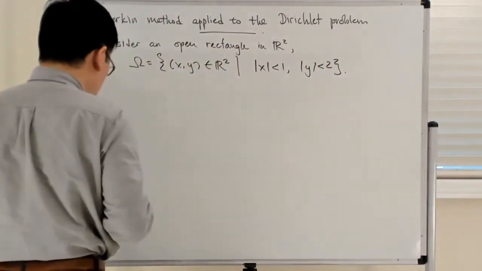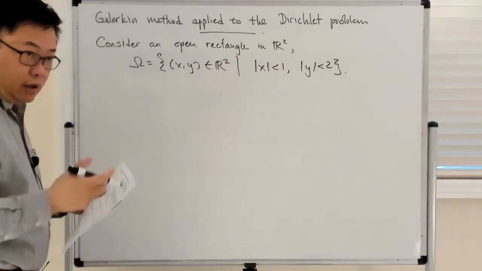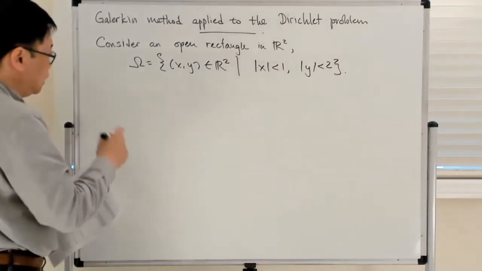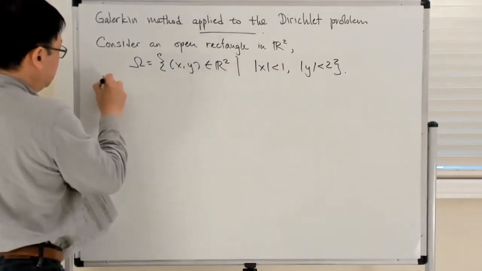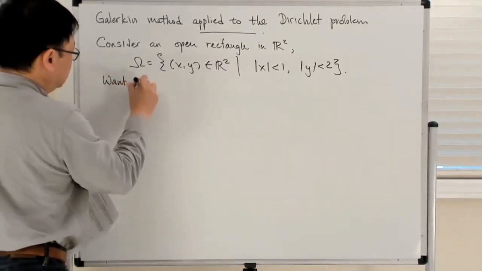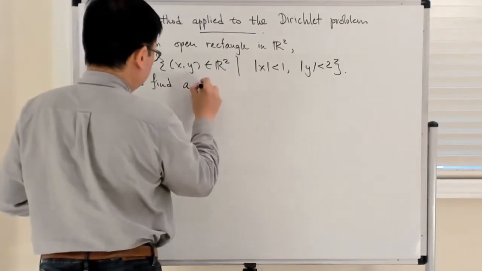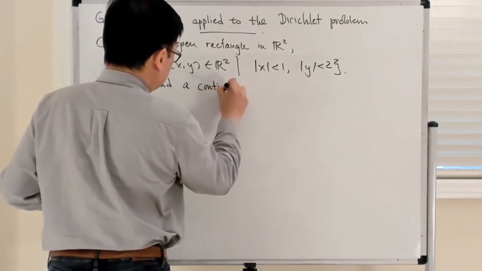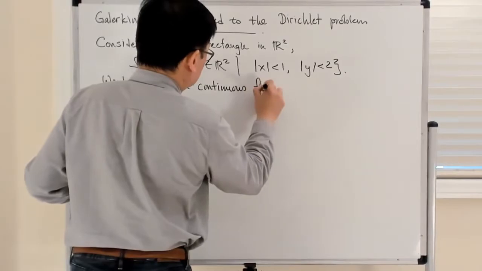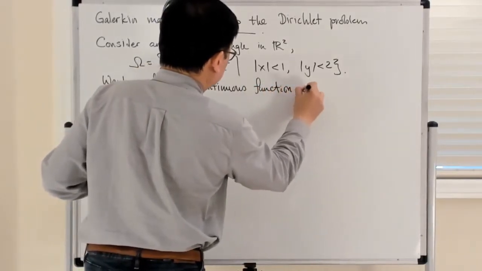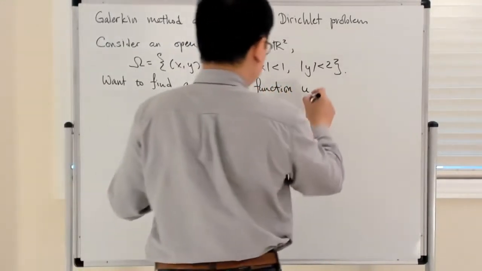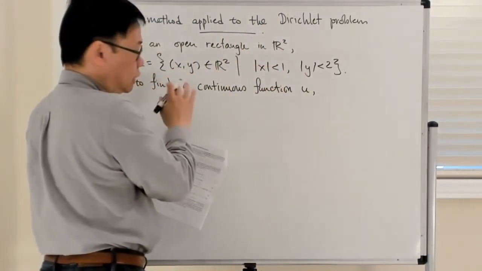And then we're looking for a solution of the form u. So we want to find a continuous function u, which is defined on the closure of this.